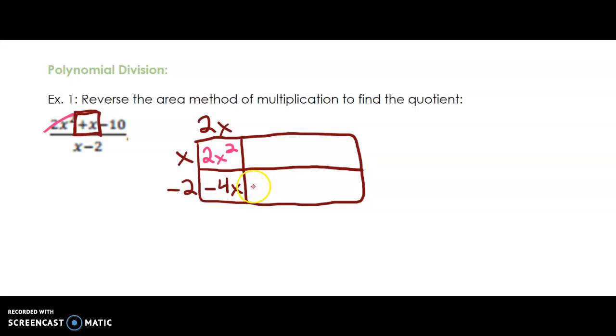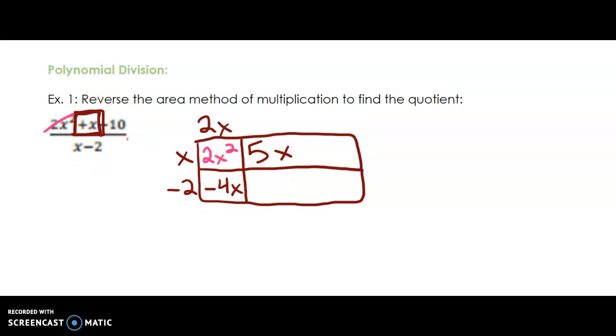And so my thinking now needs to be negative 4x plus what will get me to a positive 1x? That is going to be a positive 5x. Again, because 5x minus 4x, when we combine those like terms, gets us to this positive 1x.